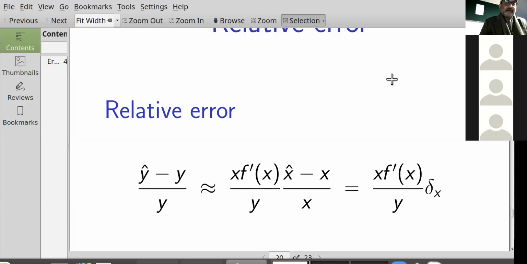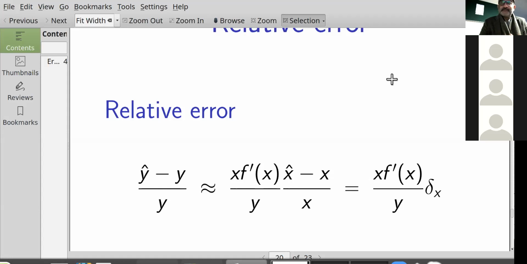So that's a multiplication. The relative error on the output is this multiple of the relative error on the input.